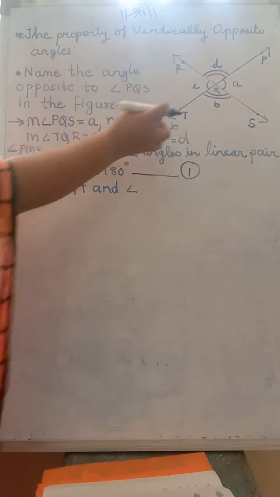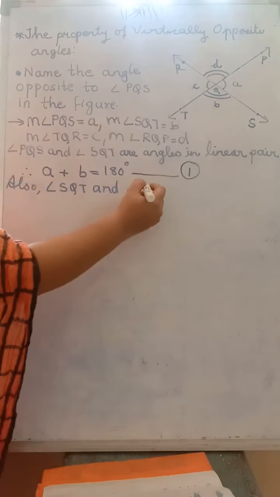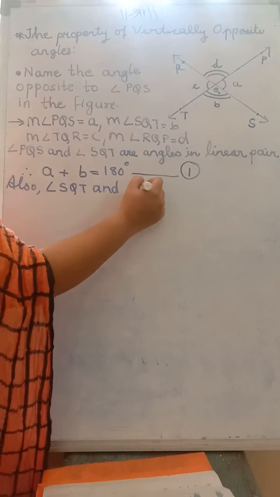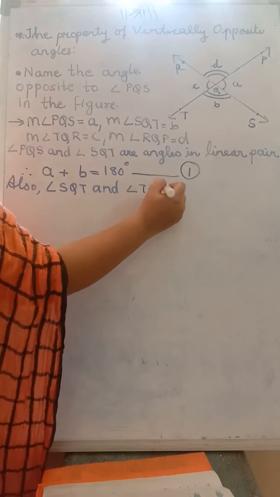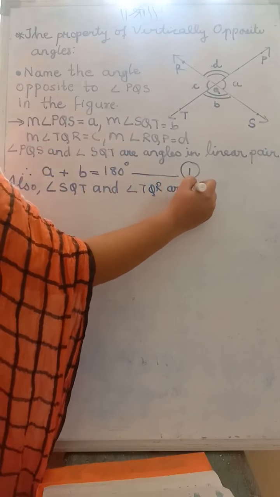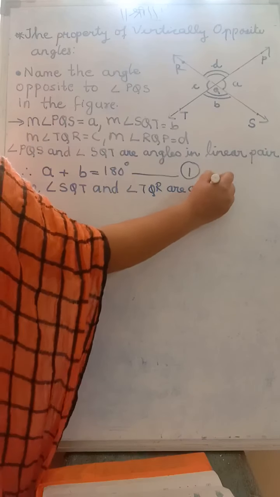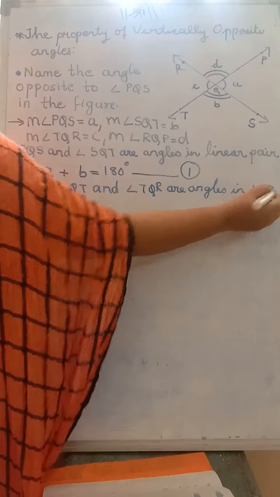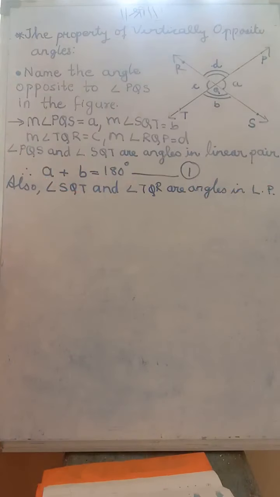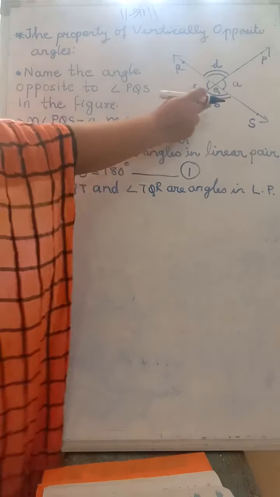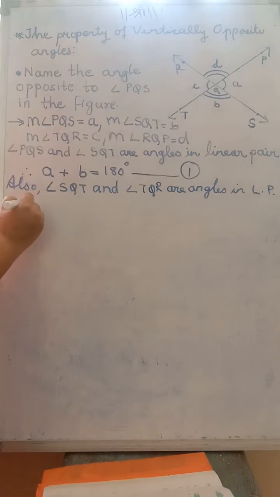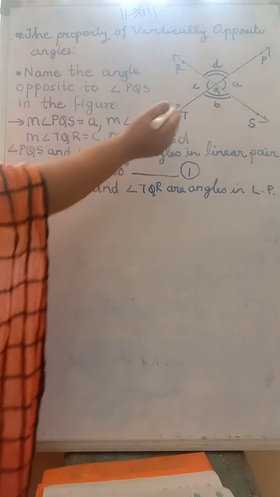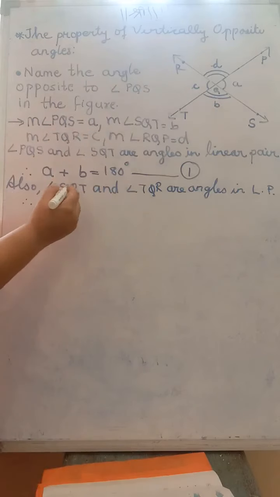Angle SQT and angle TQR are angles in linear pair. Children, you write the full form. So now we will see angle SQT. What is the measure of angle SQT? B. Yes. And what is the measure of angle TQR?